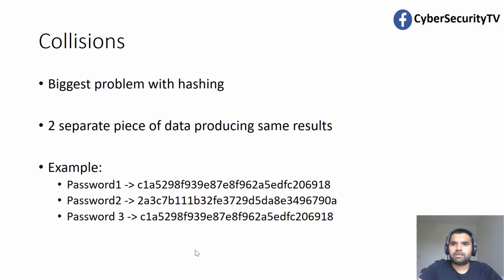For the password, let's say my password is password123, and the attacker tries ABC123 or something. In case ABC123 produces the same hash as what was meant to be password123, then the attacker will be able to log in and impersonate my user. So that's the biggest problem we have, and there is also a solution to that.